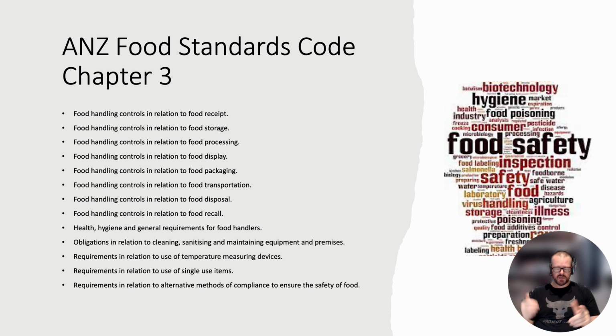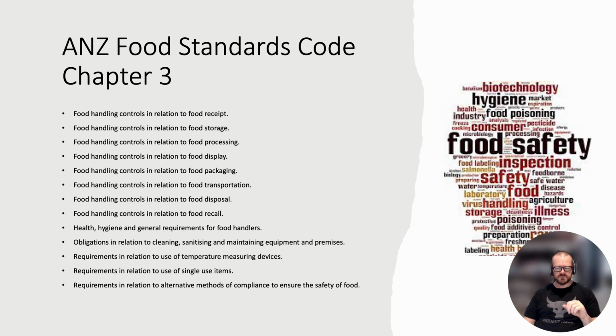Cling wrap is what's going around in my mind, but it might be cardboard containers, it might be bamboo containers. There's a variety of packaging ingredients, and this is the controls around how we maintain that.